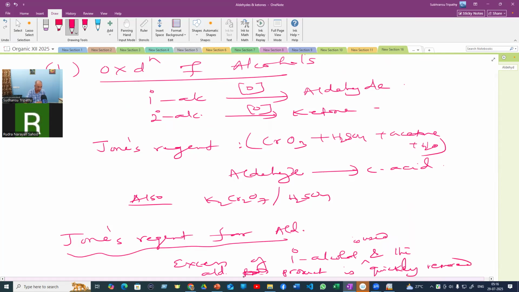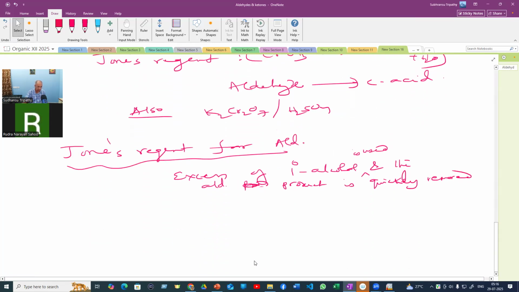It is better to use specific reagents like PCC, pyridinium chlorochromate, and PDC, which you already know, this is pyridinium dichromate.